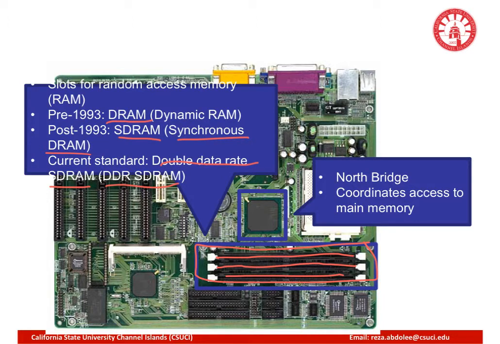As you can see in here, there is a chipset called North Bridge, and the main functionality of this North Bridge chipset is to coordinate access to main memory for the CPU and the peripherals.